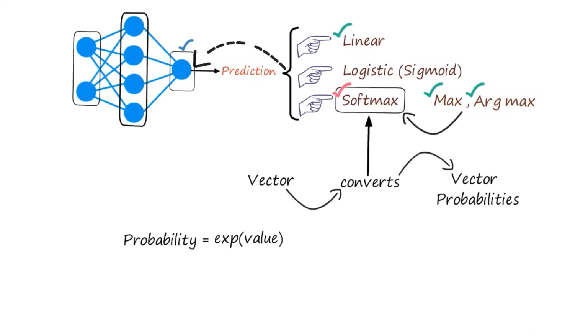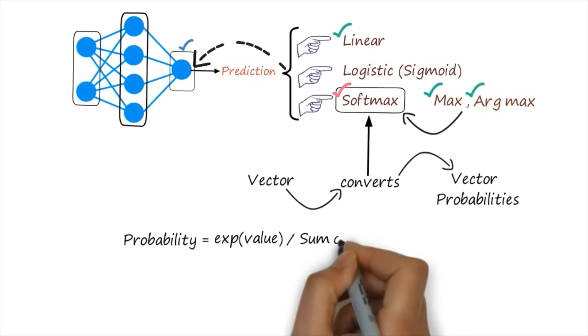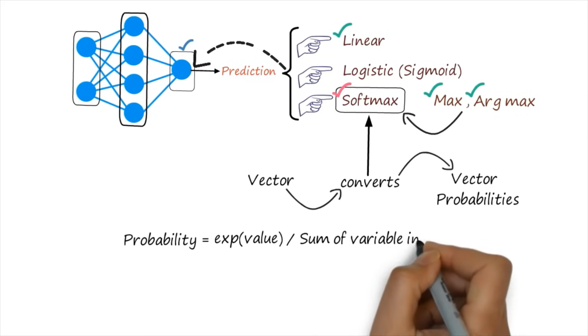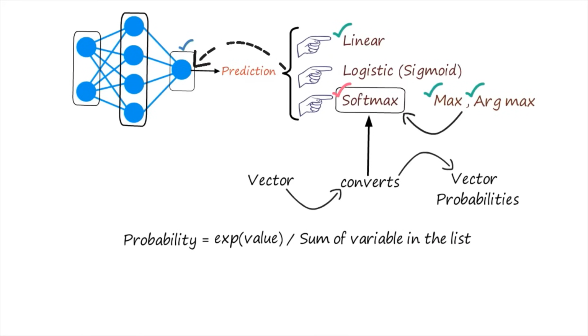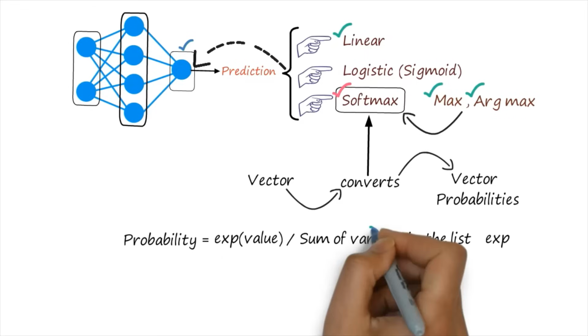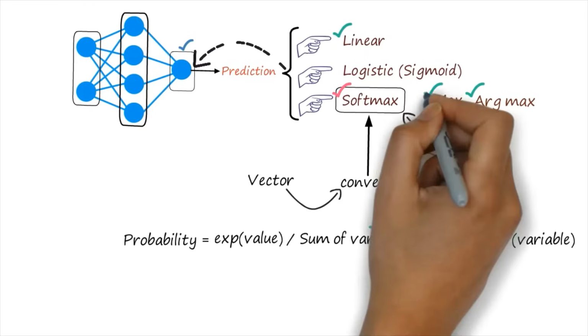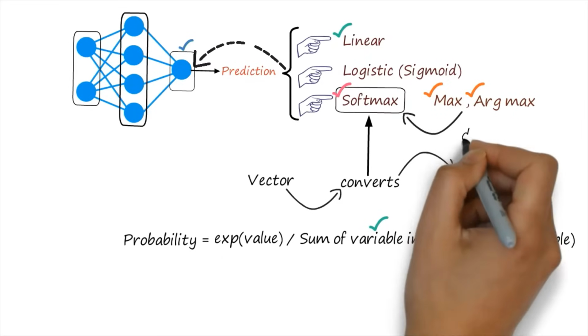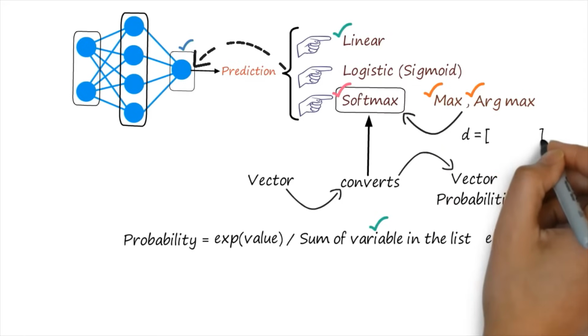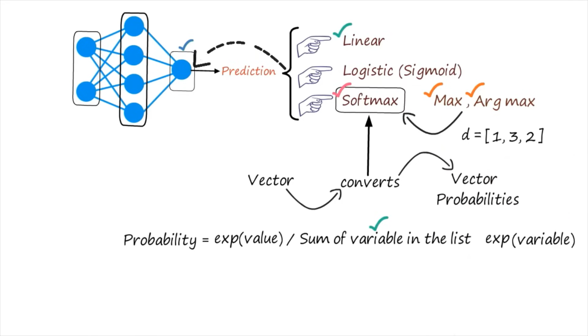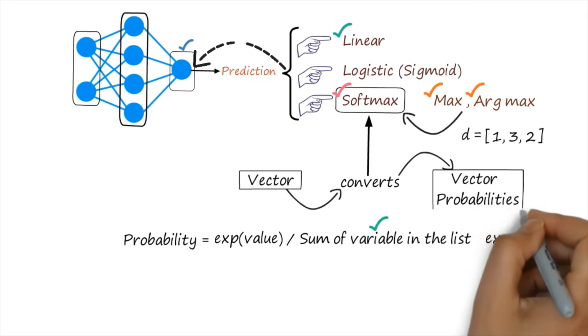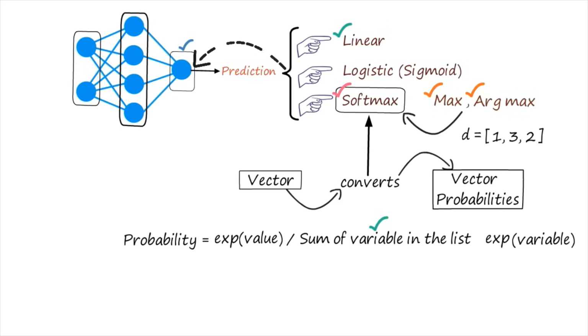Scaling means the exponential value of a variable divided by the sum of the exponential values of all the variables in the list. Here max and argmax deal with a particular list of values, while softmax deals with the input vectors in order to convert them into a probabilistic concept.